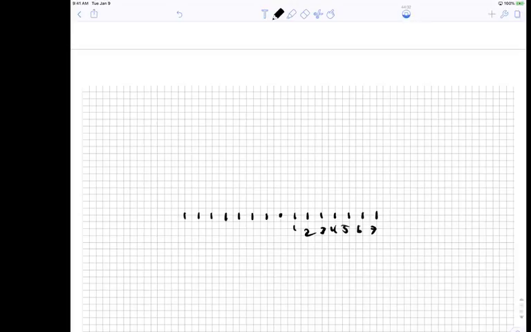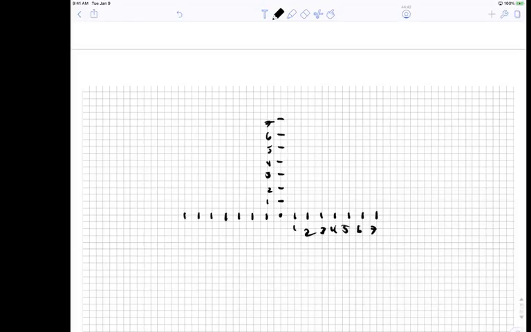I'm going to do something a little different. I'm going to start with the origin. So say this is my origin. I want to go 1, 2, 3, 4, 5, 6, 7 in each direction.